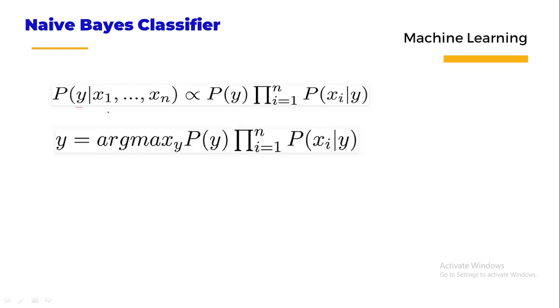So we take the maximum value, or if the classification is multivariate, we need to find the class y with the maximum probability. That's why we take the argmax of all the probabilities, and using this function we can obtain the class of a feature given the predictors.